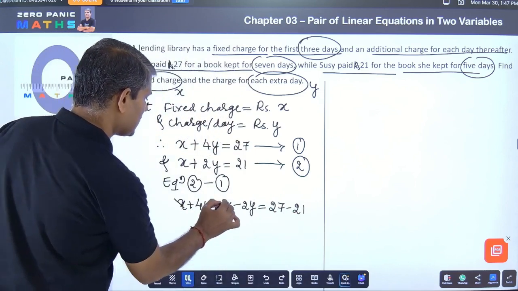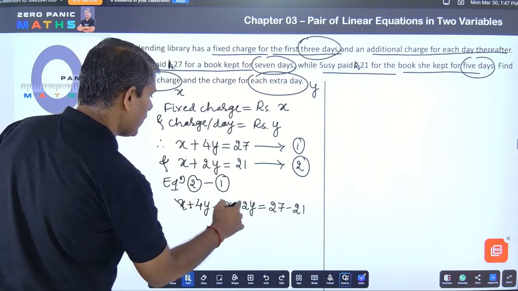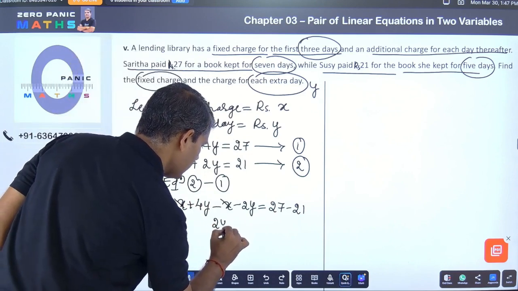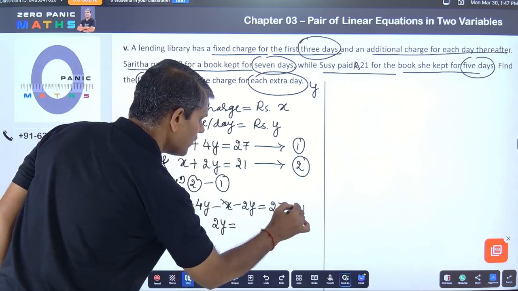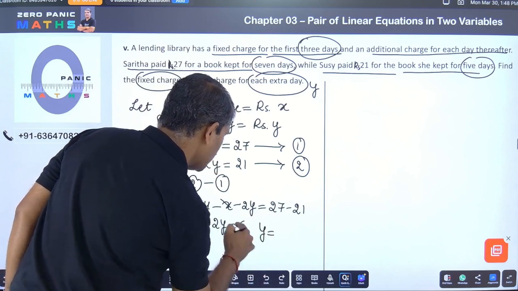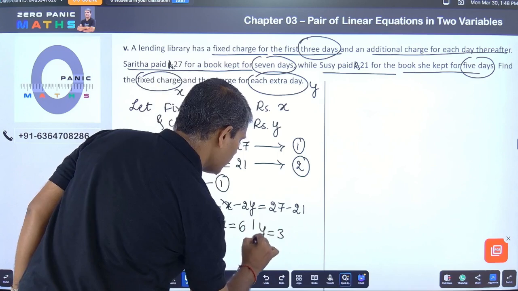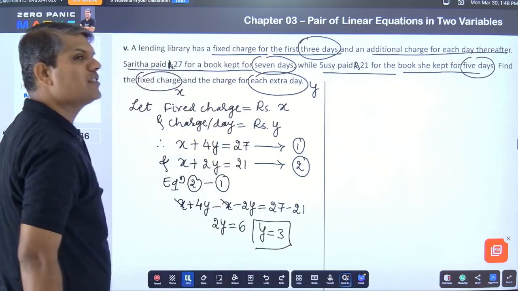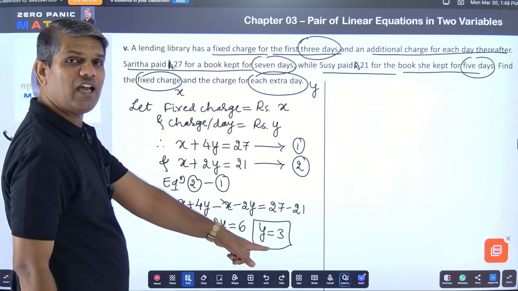So x got cancelled here. 4y minus 2y, it is 2y, is equal to 27 minus 21, which is 6. So y is equal to 6 by 2, that is 3. So rupees 3 is the per day charge.